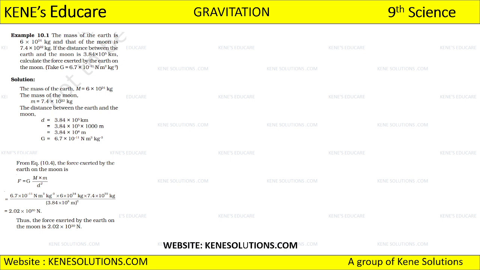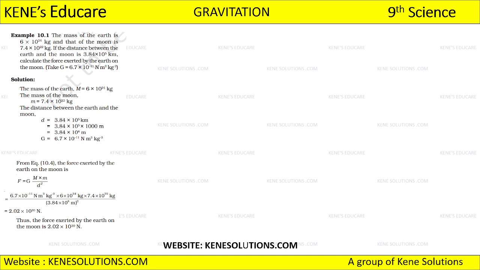Because we are changing the unit from kilometer to meter. So, because there are 3 zeros more, 10 raised to 5 becomes 10 raised to 8. And the gravitational constant that we need to take is 6.67 into 10 raised to minus 11 Newton meter square per kg square, right? So this is the given information and the conversion that we need to do.